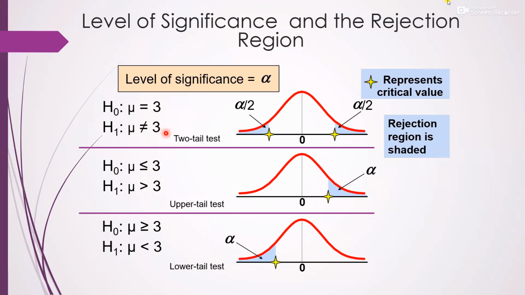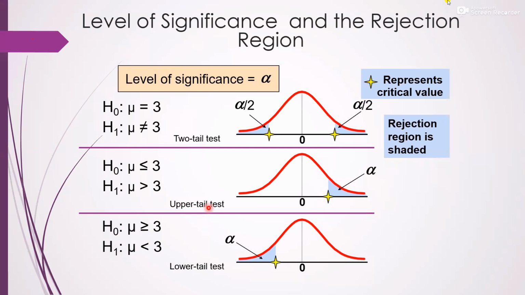If a not equal sign is there, then it is a two-tailed test. Right? So if a greater than sign or less than sign is there in the alternative, then that is a one-tailed test. Right? So in the one-tailed test, there are two cases. It may be an upper tail test or a lower tail test.